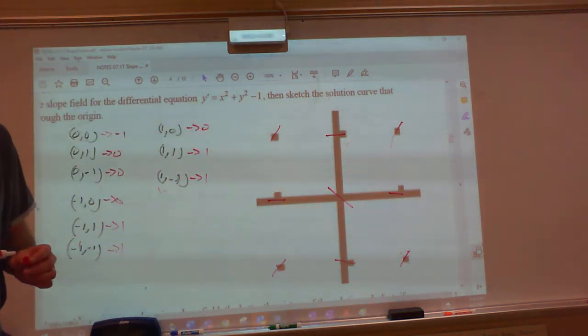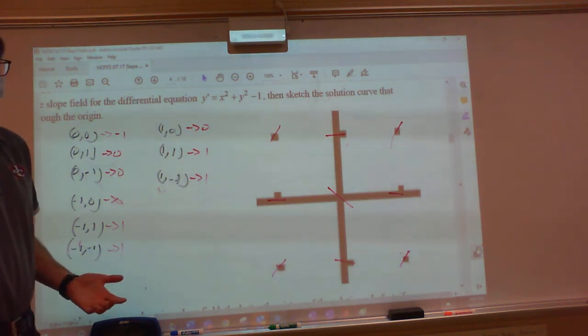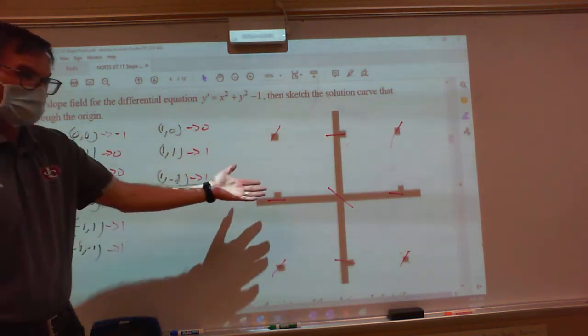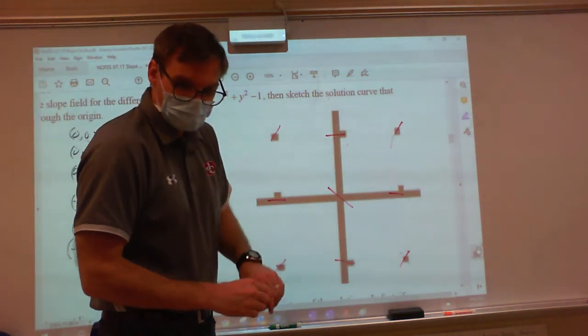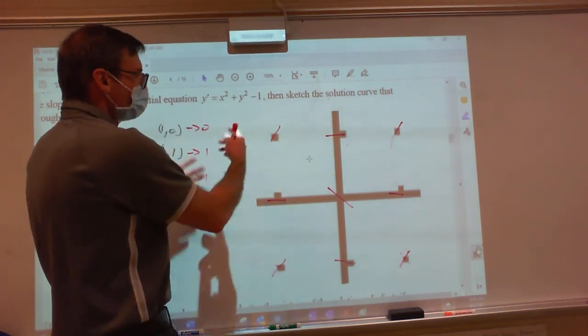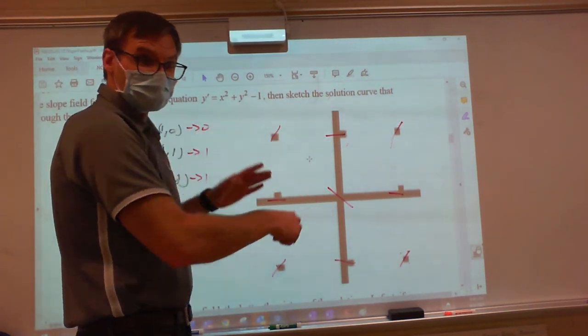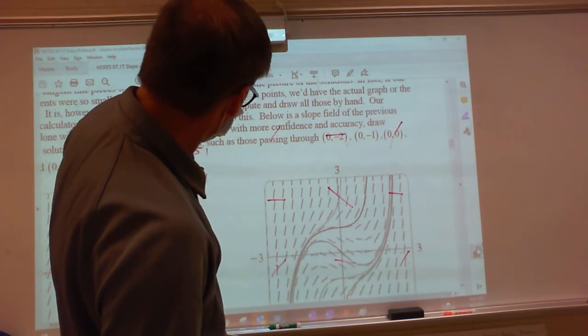Now, here's the problem. Great, we constructed a slope field. The problem is there's not enough slopes to actually figure out what a graph looks like, because this is kind of weird, isn't it? It doesn't make any sense. I wanted you to practice, okay, here's how you can draw a reasonable slope field. But if we want to figure out exactly what's going on, we need way more dots.